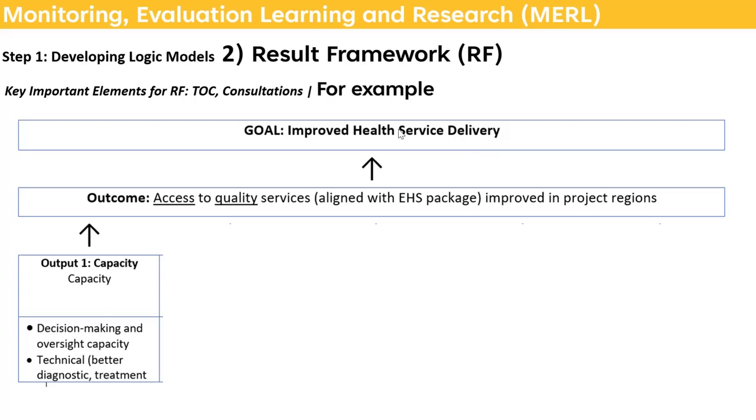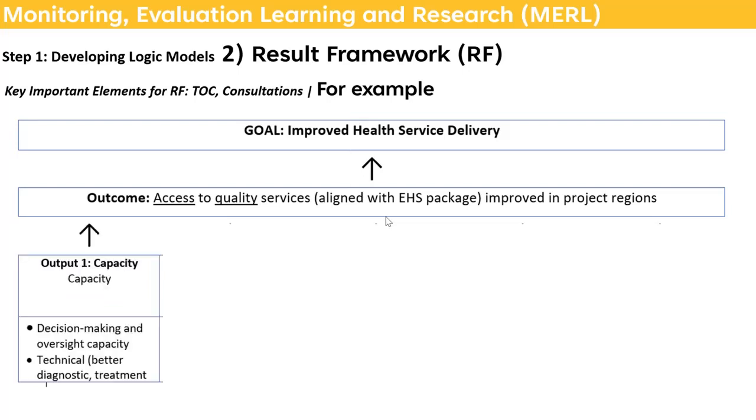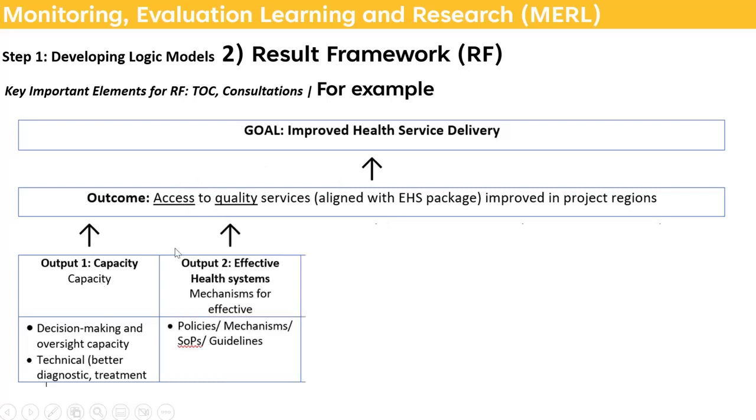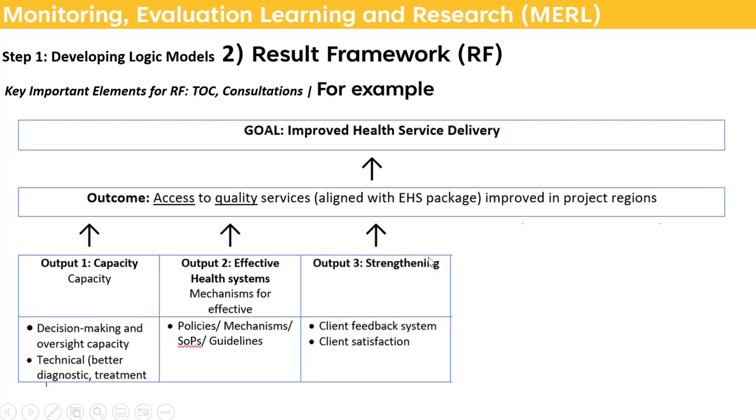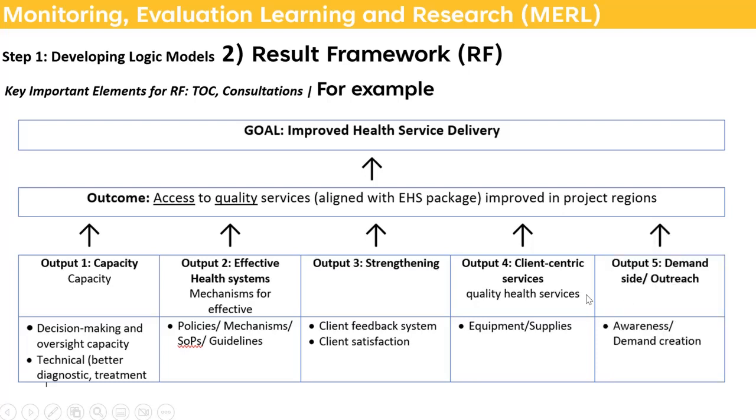This is basically already described in the ToC. If you have developed a ToC for this, there you would have already seen the barriers or the challenges. So if there is a lack of access or quality, obviously there is a need for capacity, then a need for effective health system mechanisms, then a need for strengthening, then the need for client-centric services, and then the demand and the outreach also.